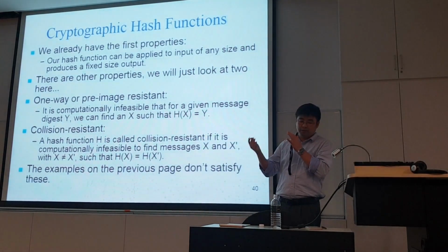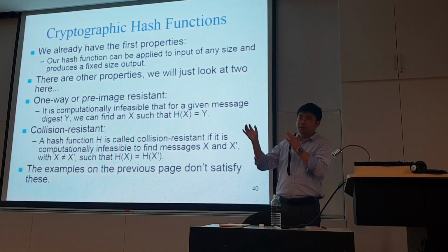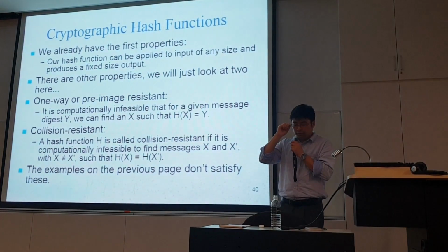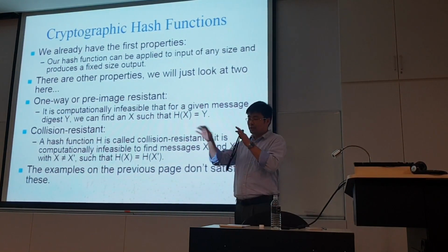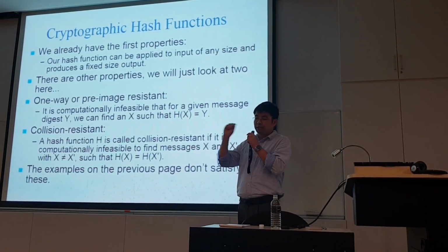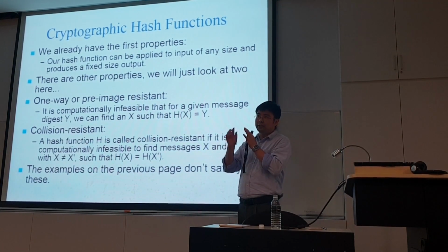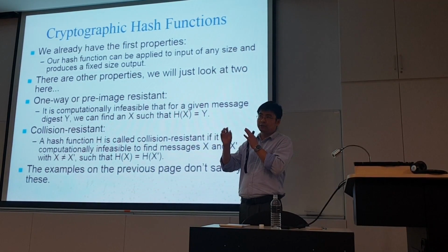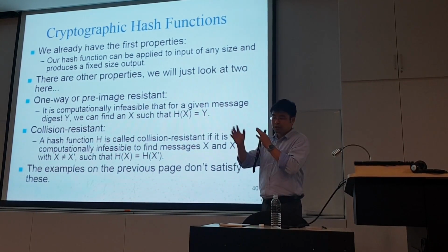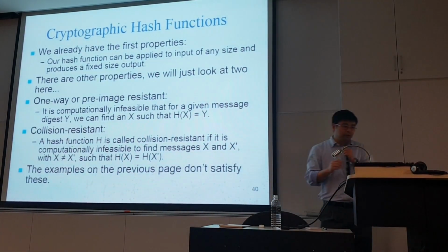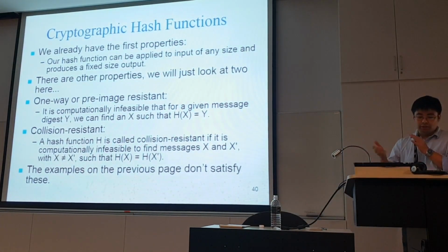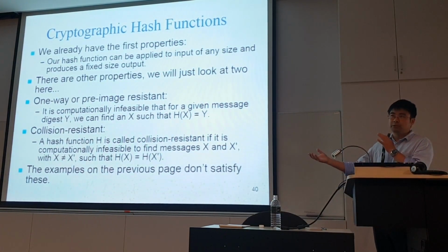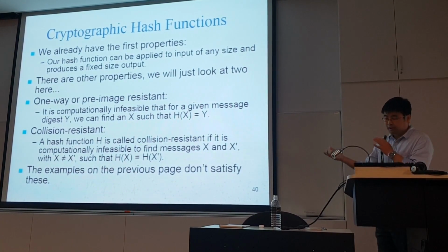This is simply the pigeonhole principle, right? You have a list of pigeonholes, you put in letters, but if you have more letters than pigeonholes, then definitely you will have at least two letters in one pigeonhole. So in this case, you have a collision. If the size of the input space is larger than the size of the output space, you definitely will have a collision.